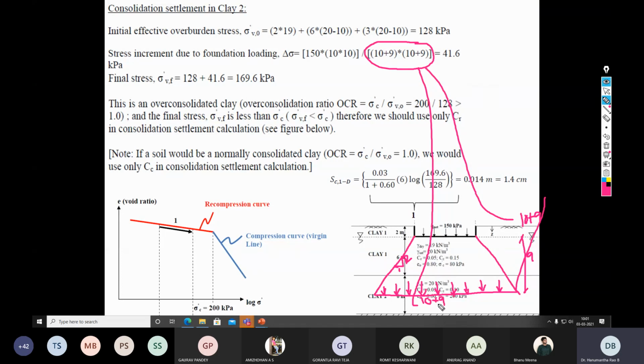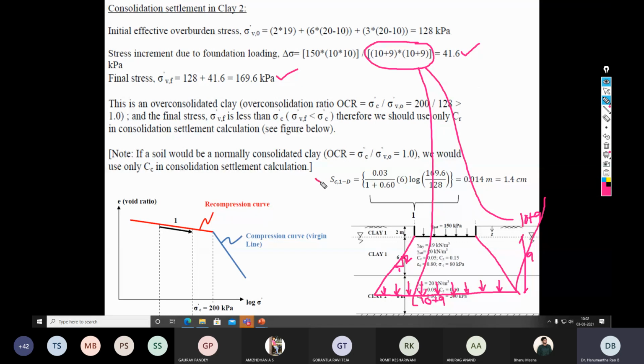Now it is distributing over an area of 10 plus 9, 19 meter by 19 meter. So obviously the stress intensity will decrease. So that is 41.6. And the final stress, sigma f dash, is initial plus delta sigma, 128 plus 41.6, that is 169.6 kilopascals.